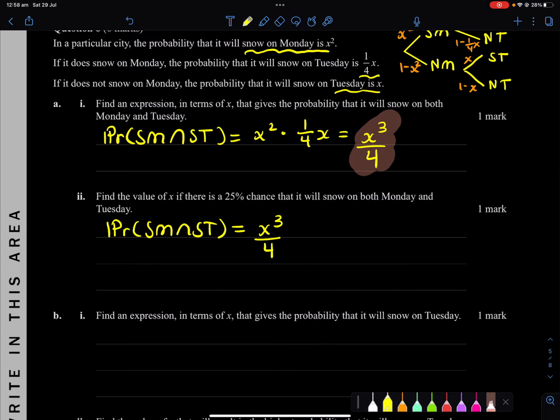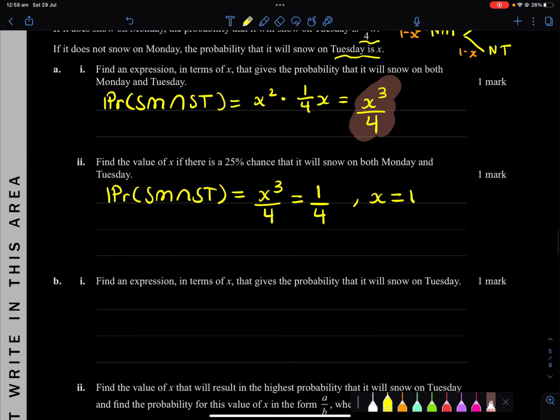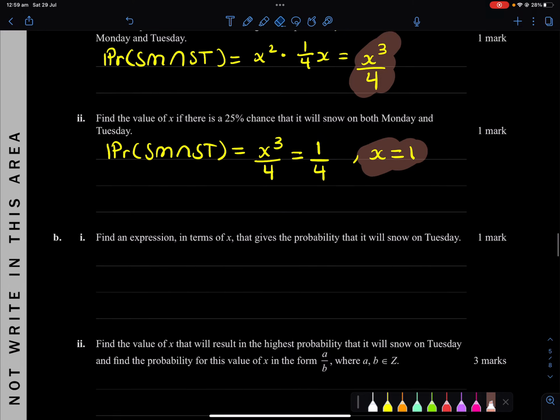Now, we know it's a 25% chance, so 0.25 is just 1 over 4. So your x value would just have to equal 1. So we find the value of x. Okay, looks right. Next question.